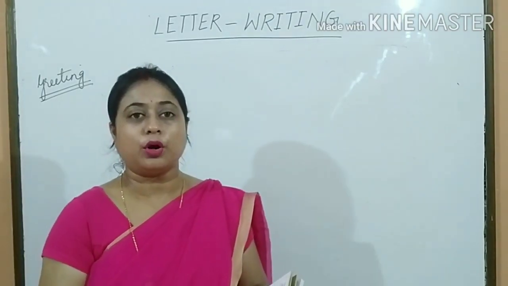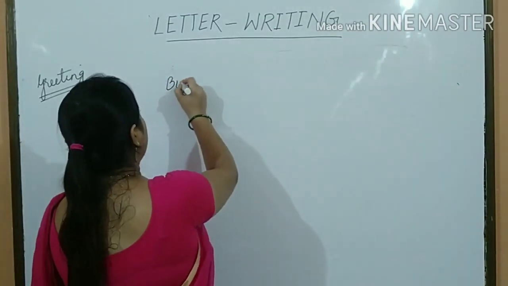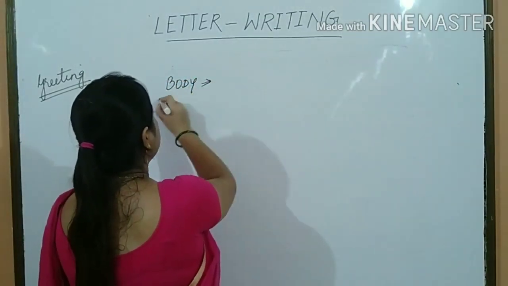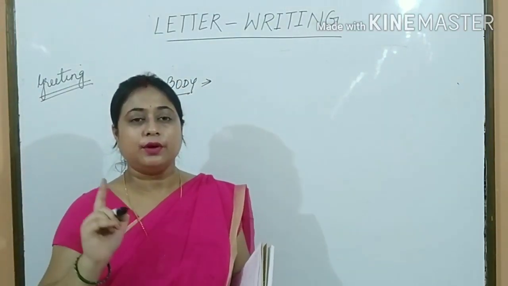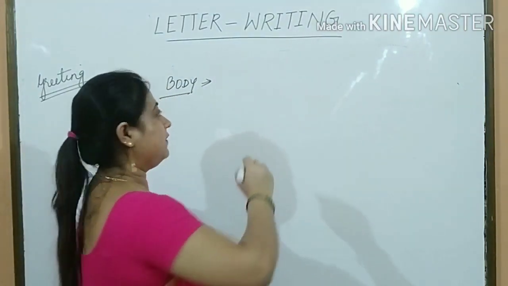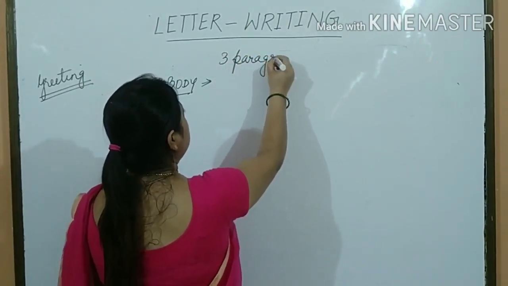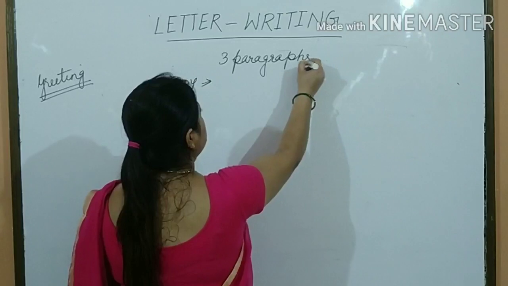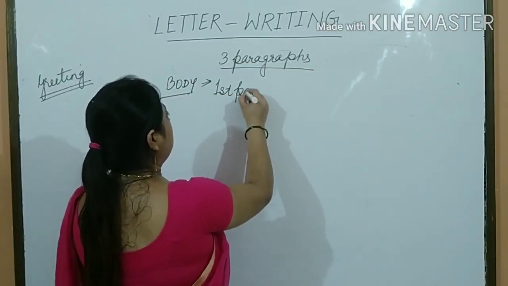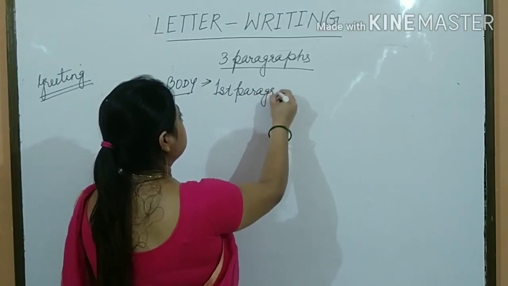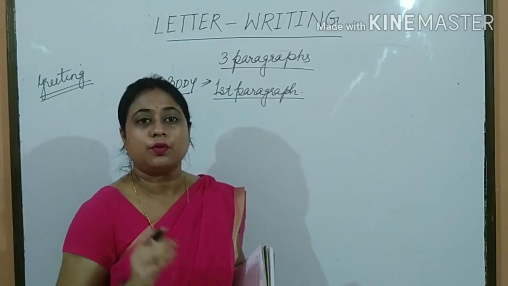The next important part of the formal letter is the body of the letter. The body should have at least 3 paragraphs. In the first paragraph, what do you have to write?